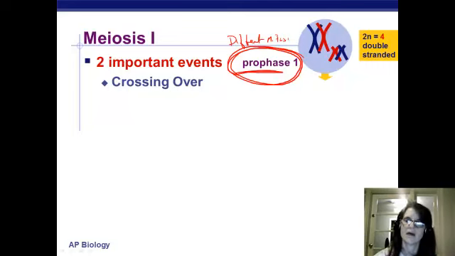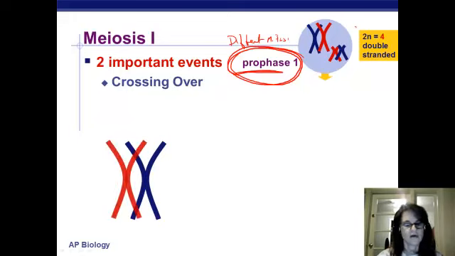We are going to allow chromosomes, homologous pairs that are similar but not identical, to do something called crossing over. In crossing over, your homologous pairs essentially will come together and intertwine. And when they do so, they will exchange bits of DNA.